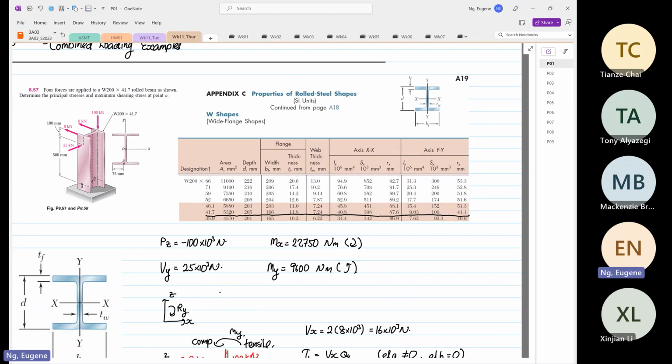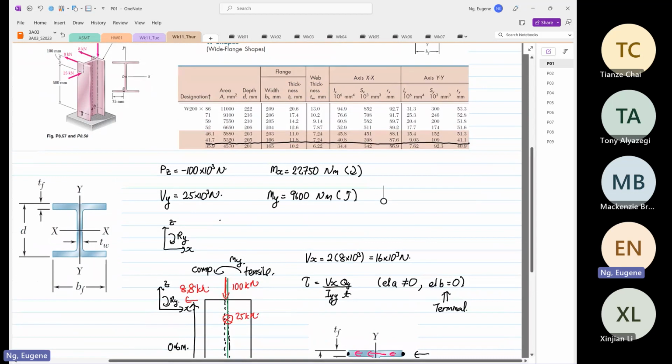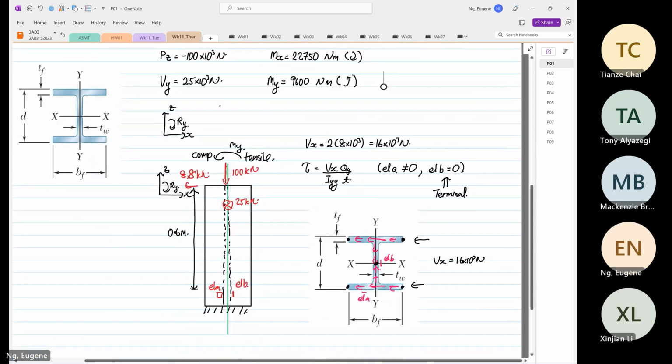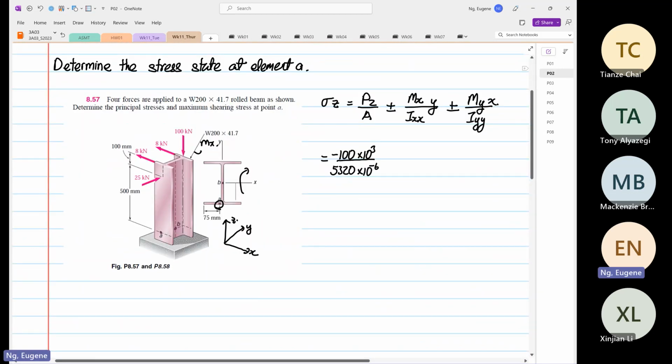If I go back to our lecture today, I do apologize, so it's in the right direction. So the moment in x is going in this direction over here. This is compression, this is tensile. So over here, we know that it's going to be tensile, plus.